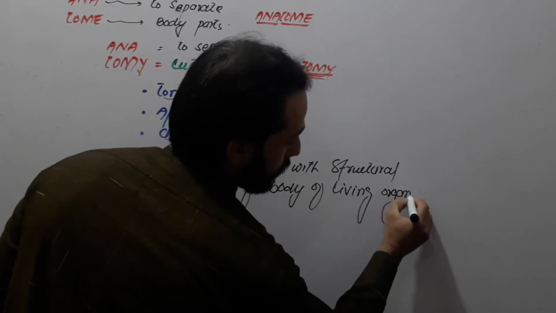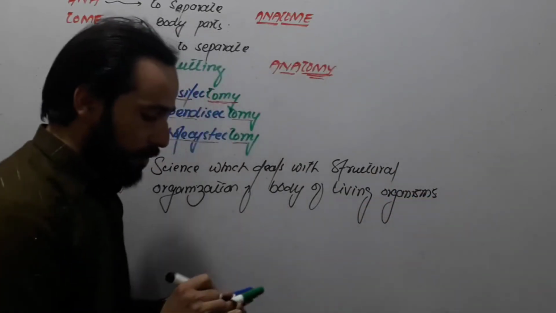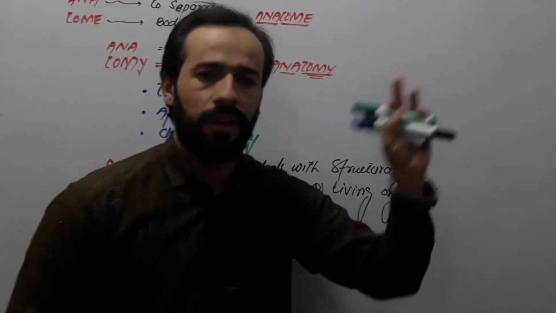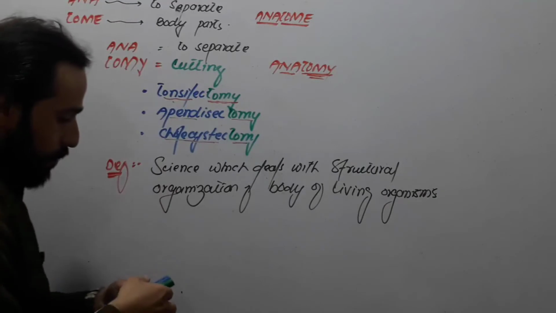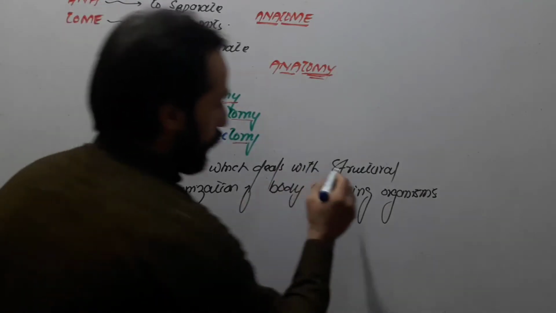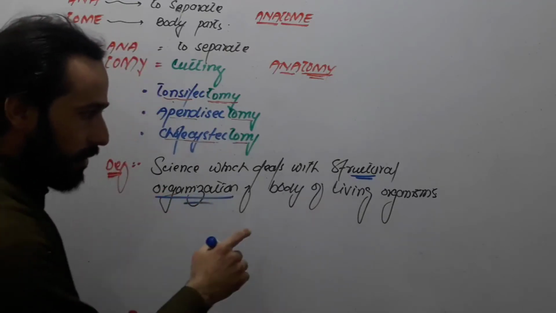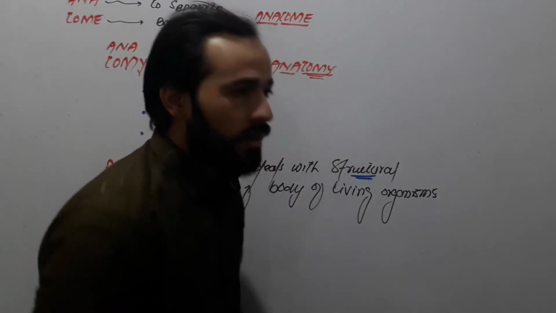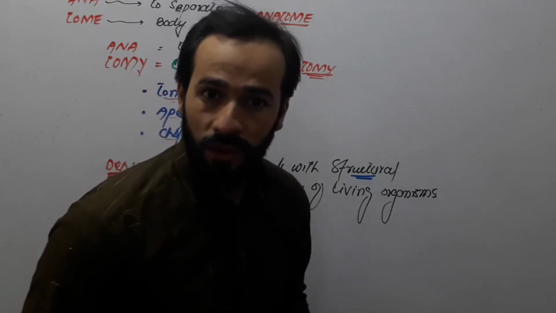Look carefully. There is a difference between the anatomy of each organism, right? So generally, when we talk about anatomy, we mean to discuss the structural organization. That means we have to discuss what the composition of the body is, what the body is made of, right?